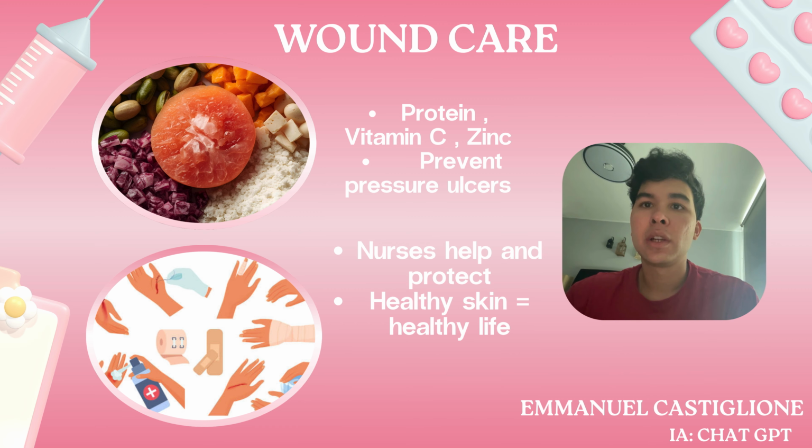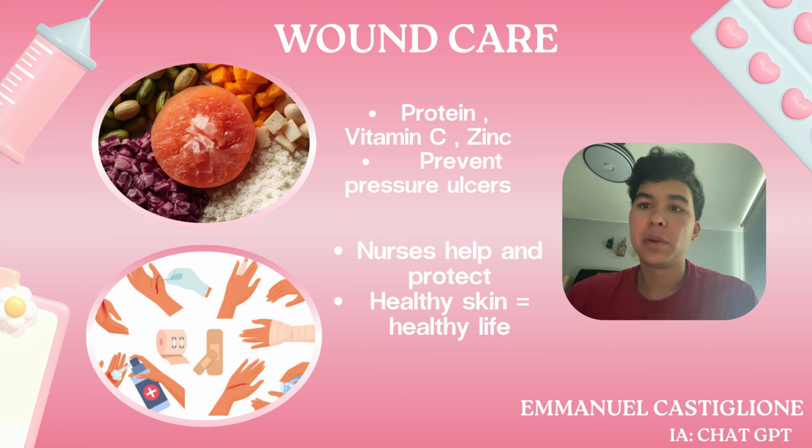Nurses also work to prevent new wounds like pressure ulcers, which appear when patients stay too long in bed. They move the patient, keep the skin dry and clean, and check the body every day. Today, we have many treatments to help wounds heal, like special dressings and machines that help remove fluids.